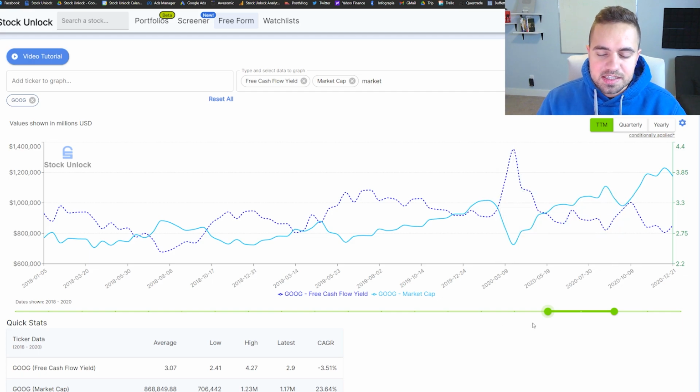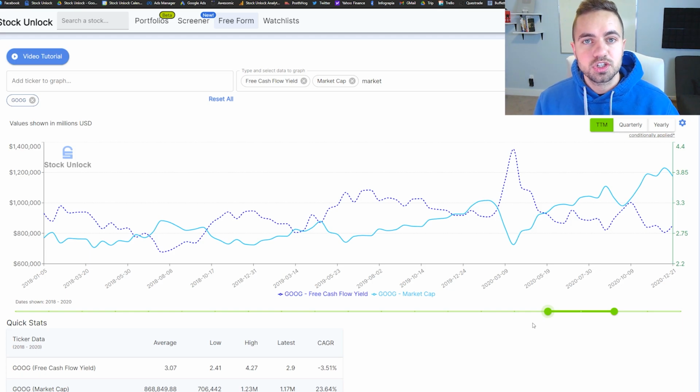So we can clearly see here that as Google's market cap or share price fell, its free cash flow yield went up. And this is because Google's free cash flow didn't really change, but what changed is the price that investors were paying for that free cash flow. So the price for the free cash flow dropped, which means that Google's free cash flow yield went up.